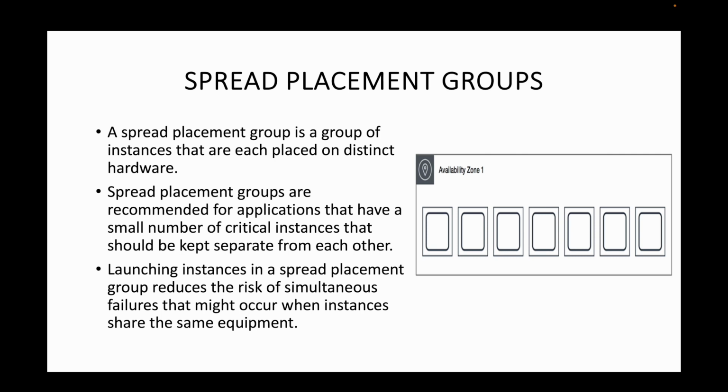Once again, placement groups can be used when you want to control the placement of your EC2 instances to avoid any correlated hardware failures. We can leverage placement groups for that, and you don't have to pay any money for this. It's completely free. And when you're launching the instances, you can choose in which placement group you want to launch them.